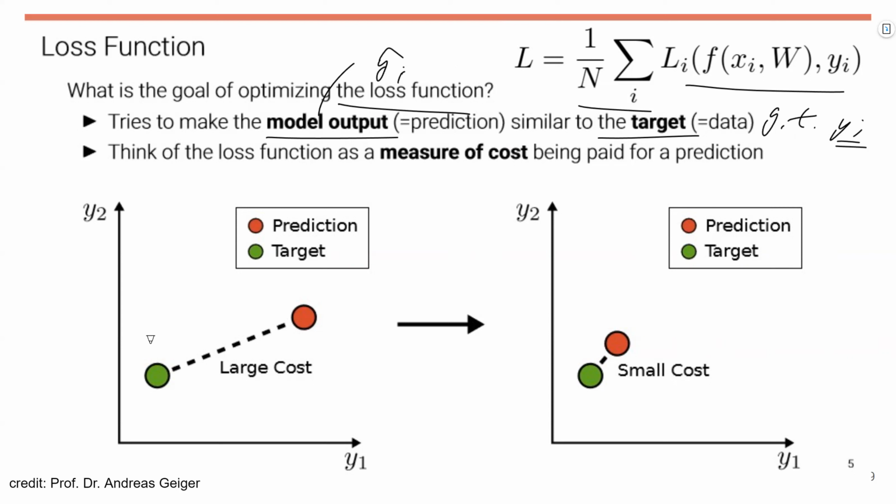If our prediction y_i hat and target y_i have a long distance, then there is going to be a large cost or large loss. Cost and loss mean the same thing. And if y_i hat and y_i have a small distance, we have a small cost or small loss. Our goal, through our loss functions, is to make this distance short.